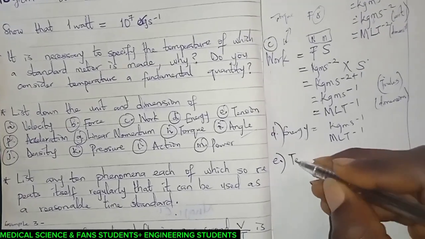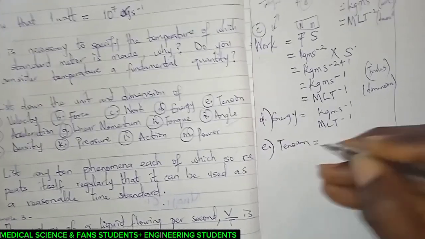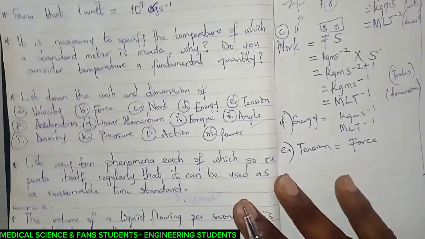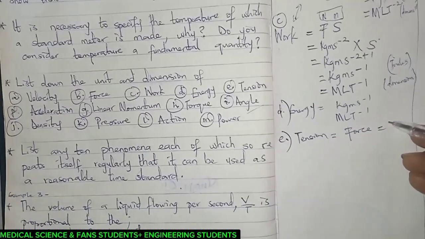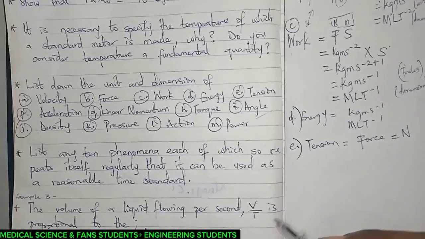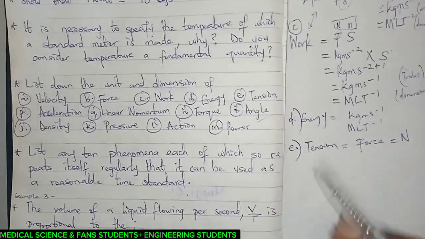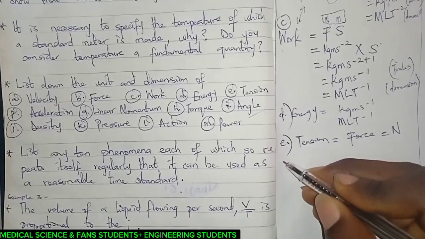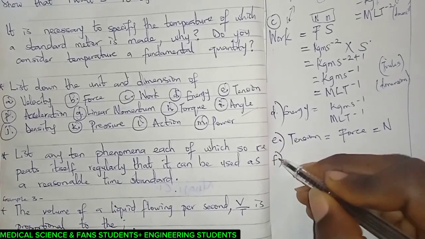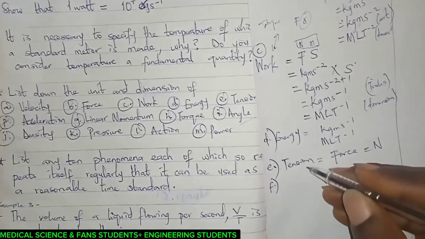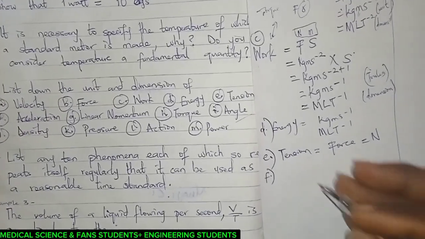So tension equals force, an opposing force. It's the same thing as Newton. Remember, force is Newton, a unit we give force, named after Isaac Newton for his numerous work on force.